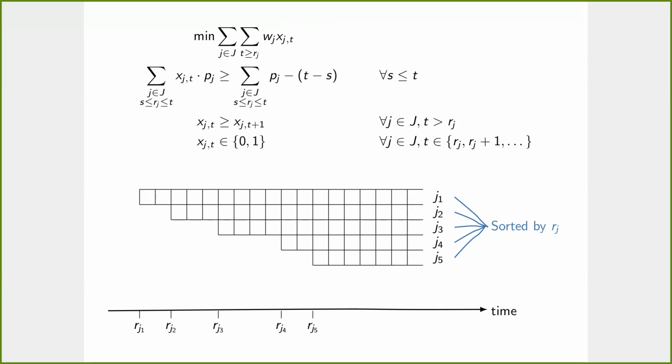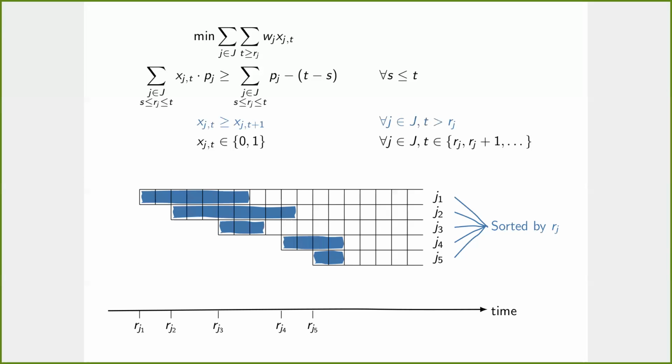The intuition behind this integer program is that in this problem, it's all about determining when a job is completed. Because if somehow we would know in the optimal solution what the completion times of each job are, then we could solve the remaining problem in polynomial time.